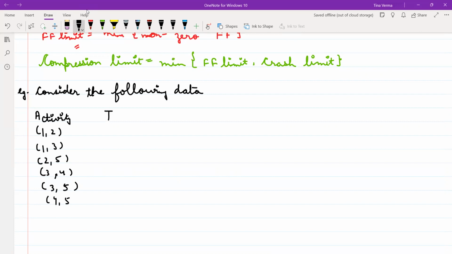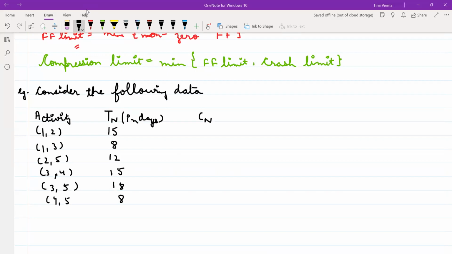And the normal duration in days is 15, 8, 12, 15, 18 and 8.